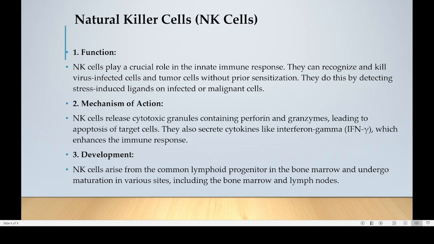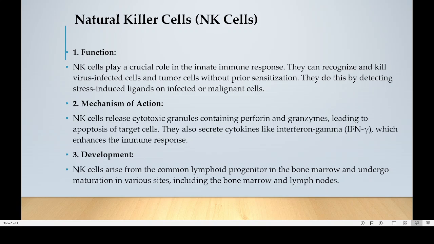Natural killer cells release cytotoxic granules containing perforin and granzymes. There are two components, one is perforin, second is granzymes, leading to apoptosis of the target, or destruction of the target cell. They also secrete cytokines like interferon gamma, which enhance immune response.